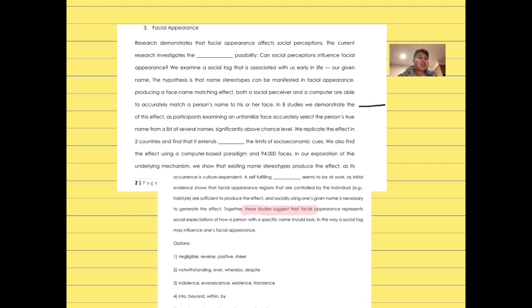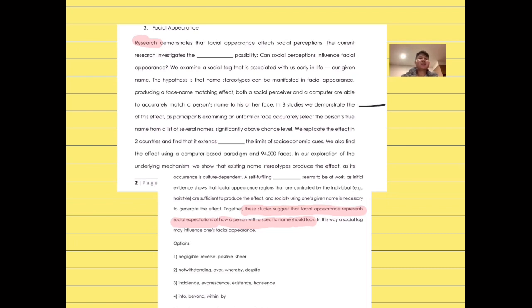This study suggests that facial appearance represents social expectations of how a person with a specific name should look. The face represents social expectations. So people will think, if you have a specific name, how your face should look.